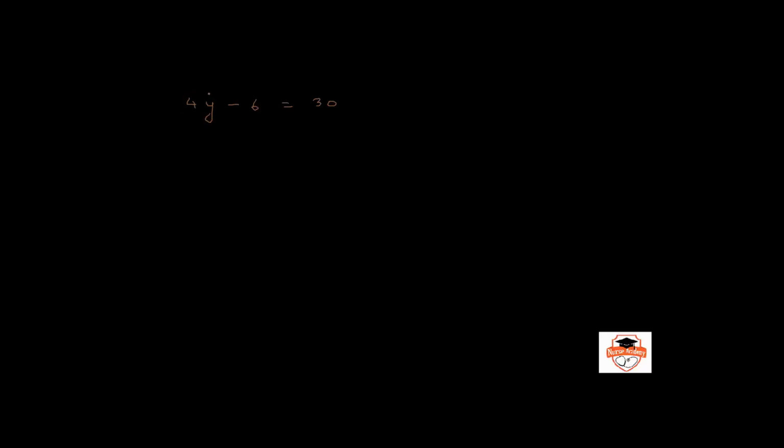And you can do that by adding 6 to both sides of this equation. So when you do that, the minus 6 and the plus 6 on the left will give you a 0, so that you have 4y is equal to 36 on the other side, 30 plus 6. And now, this is 4y, we need y, therefore, we divide both sides of the equation with 4. So we have y is equal to 36 over 4, or 36 divided with 4 is 9.